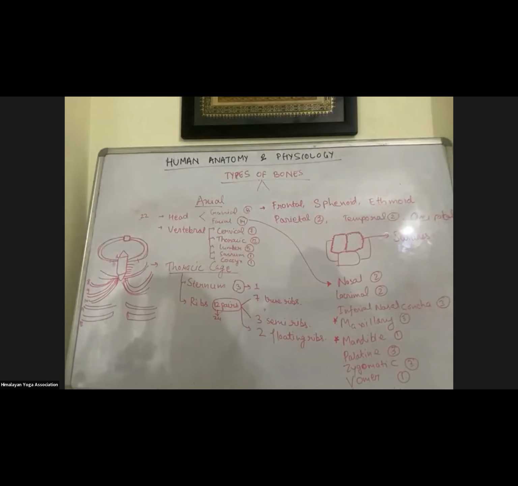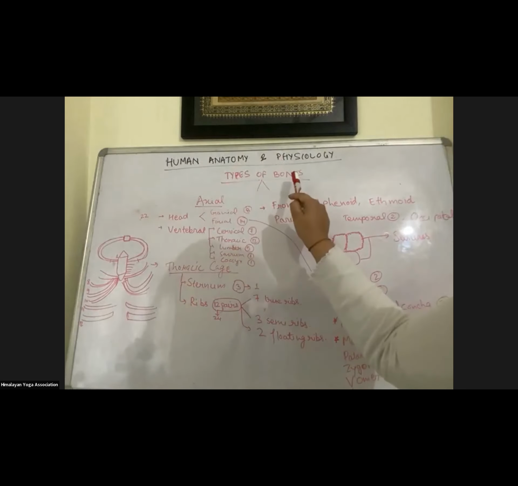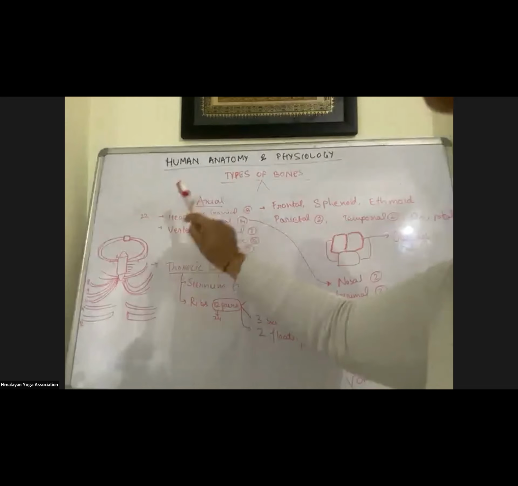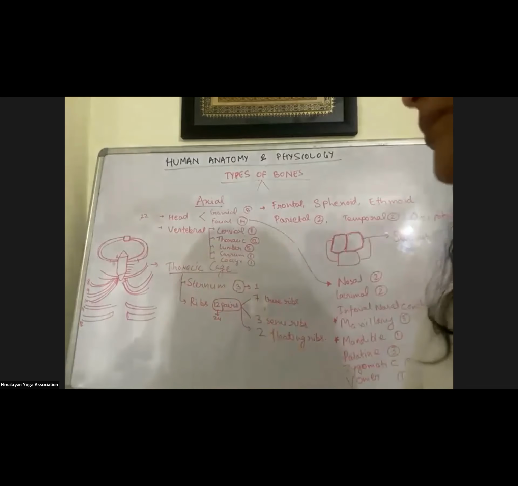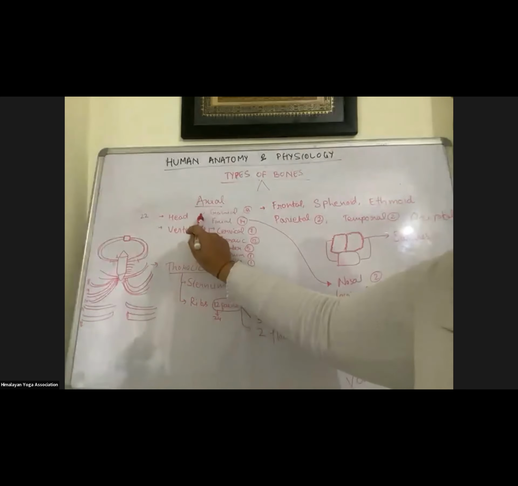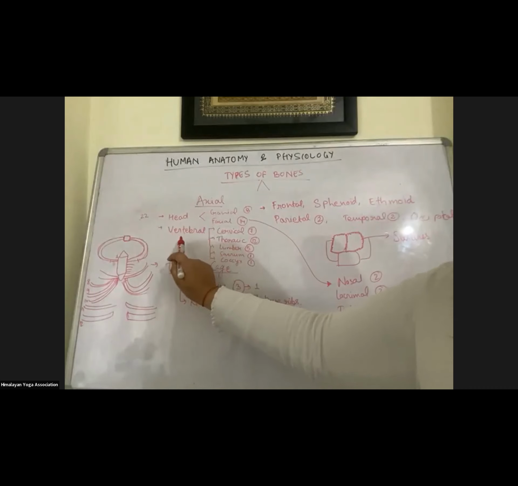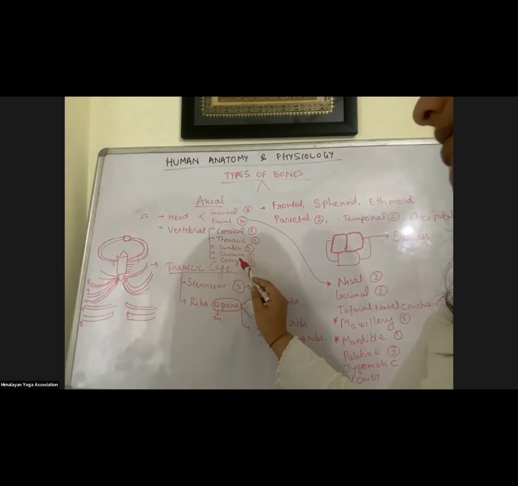So now we have completed axial. There are 2 types of bones, axial and appendicular. In axial, we study head, vertebral region, and thoracic cage. In head, it is divided into cranial and facial. Vertebral is divided into cervical, thoracic, lumbar, sacrum, and coccyx.